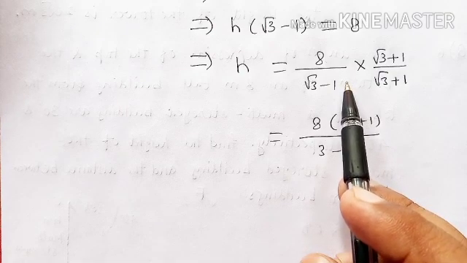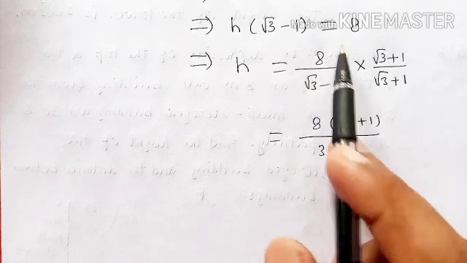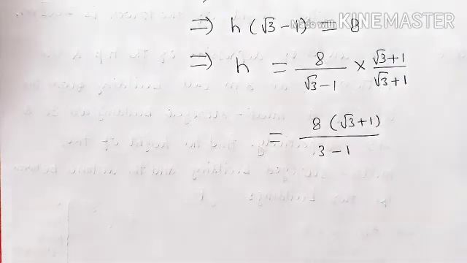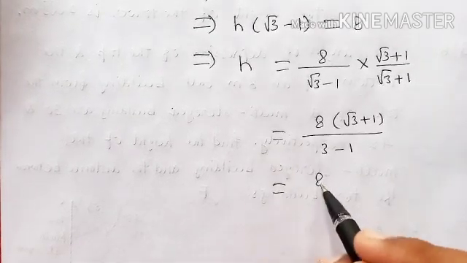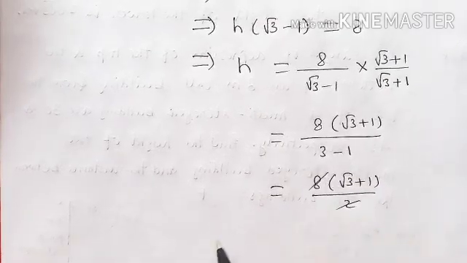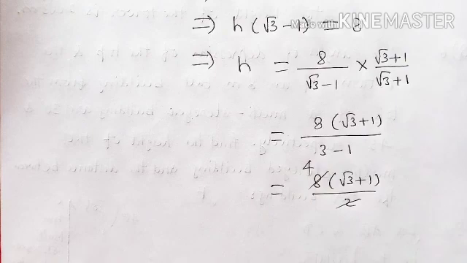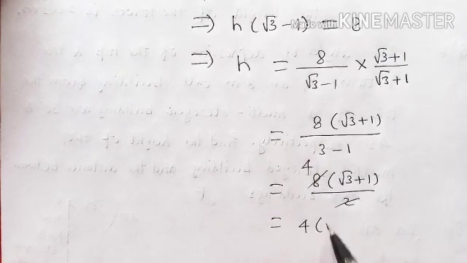So making the denominator rational, we have to rationalize the fraction. So we have 8 into root 3 plus 1 by 2. This is equal to 4 into root 3 plus 1.